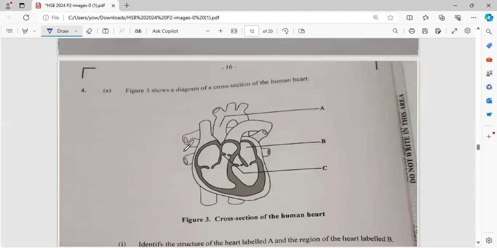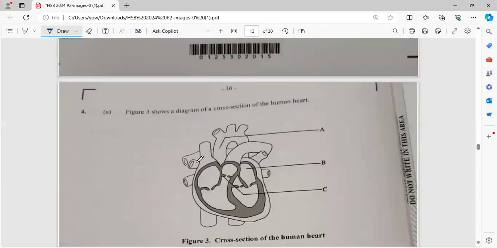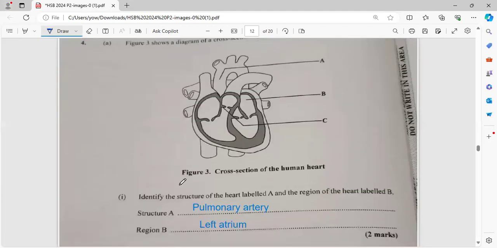All right, next we have the heart. We are asked to identify the structure of the heart labeled A and the region of the heart labeled B. A is at the top here, and this is where the blood is forced from the ventricle, the right ventricle.